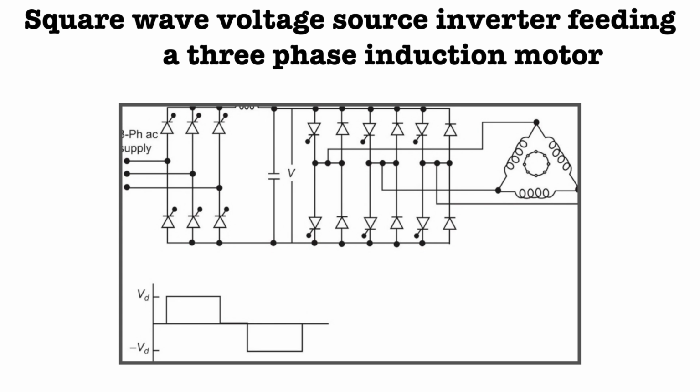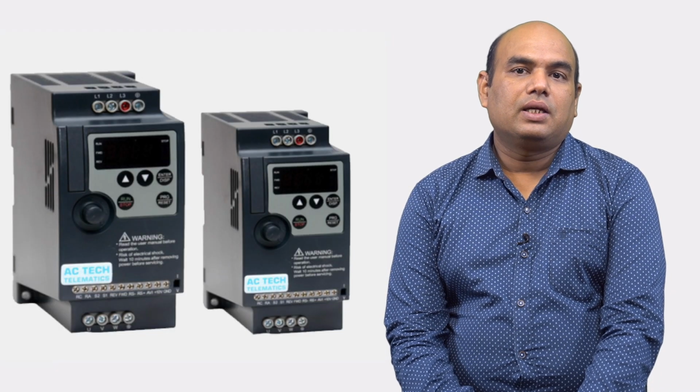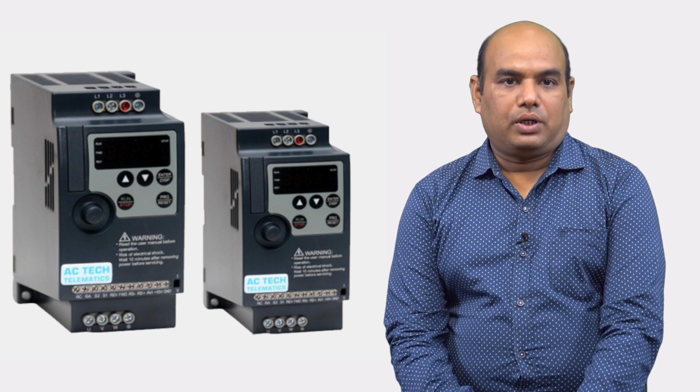Therefore, an inverter feeding the three-phase motor must be capable of providing a variable voltage and variable frequency supply. Since the voltage is the controlled quantity, in this case these are called voltage source inverters.